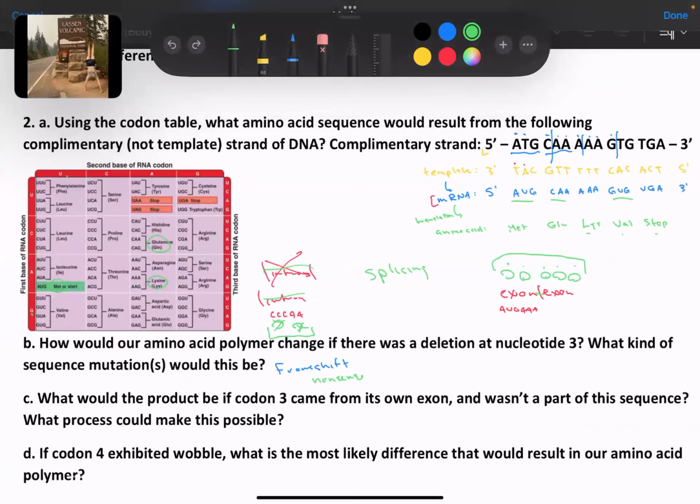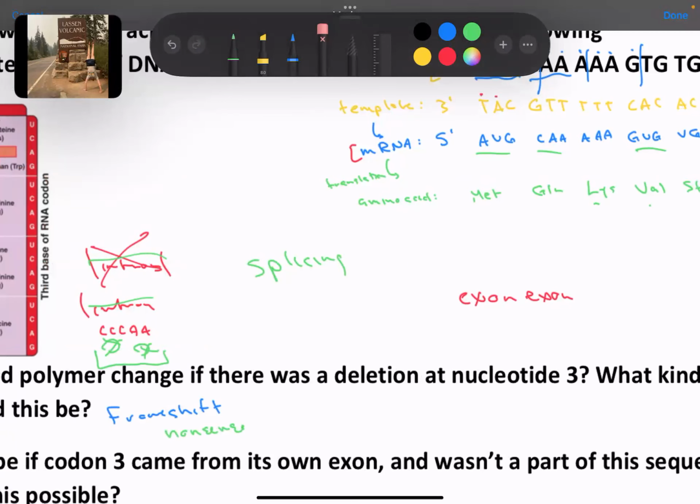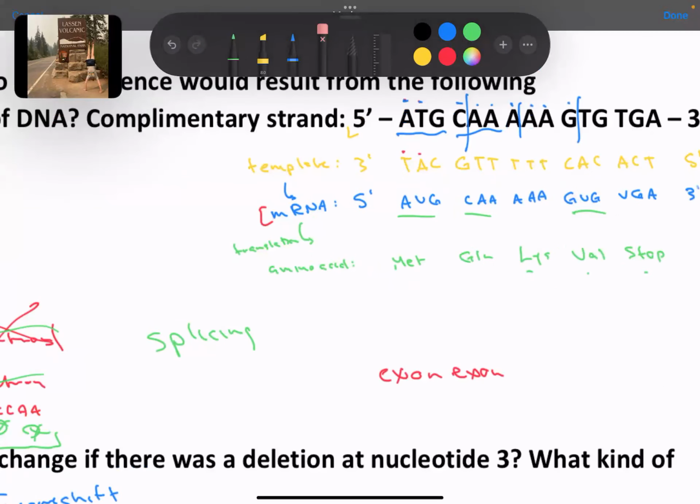And so if that was the case, and let's say that every exon was just a single codon. So let's say that these were each their own exons. So this was an exon, this was an exon, and so on and so forth.